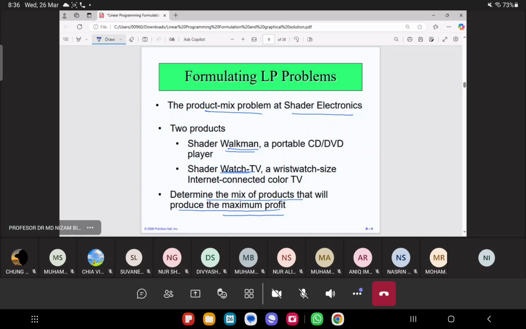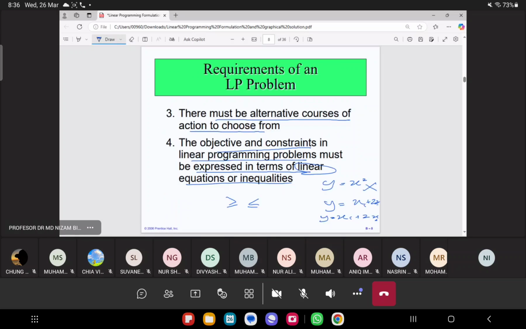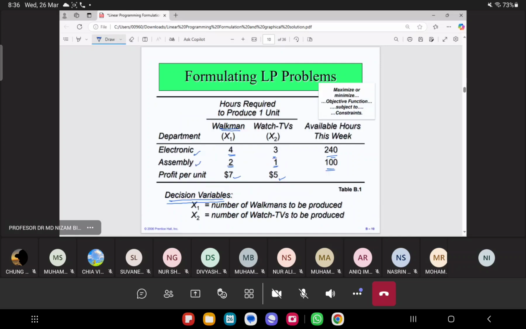For any given linear programming situation, the first thing you need to do is come up with the decision variables. And for this case, the first one is the number of Walkmans to be produced, which is X1.